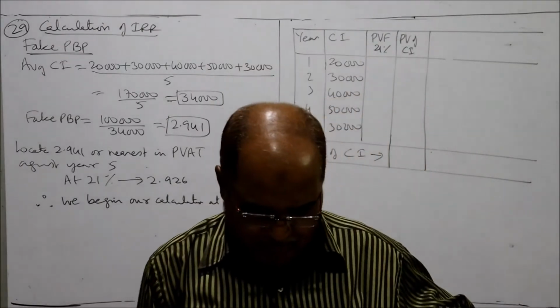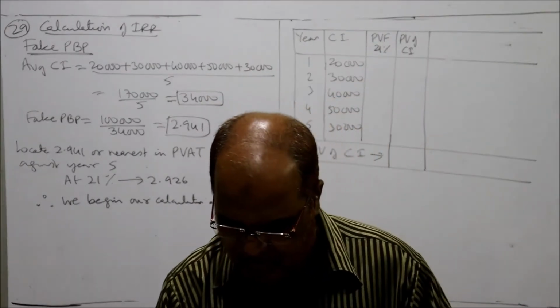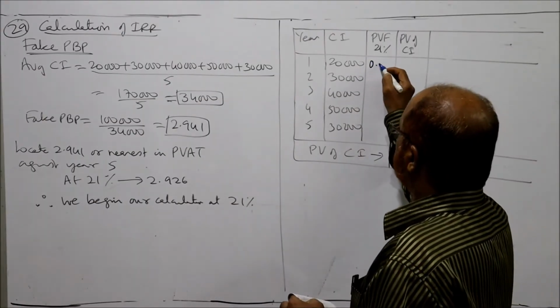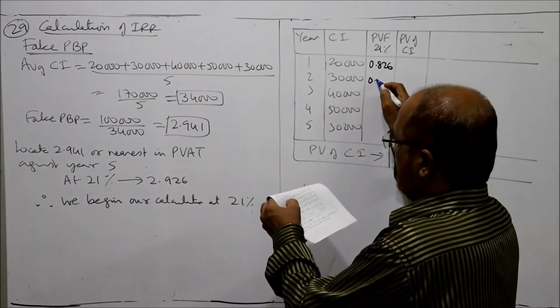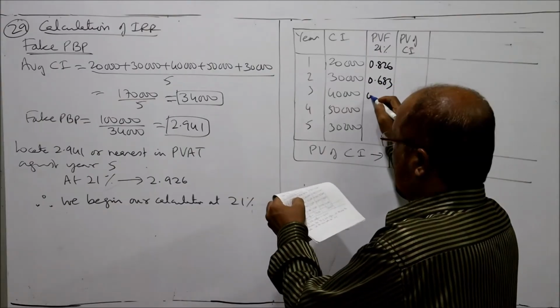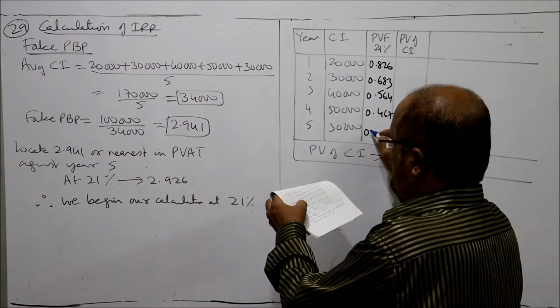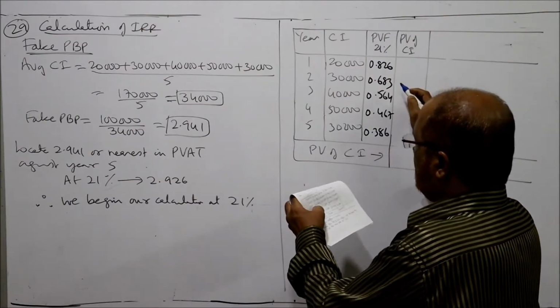Now we need PV factors. PV factors at 21%: 0.826, 0.683, 0.564, 0.467, 0.386. Multiply.